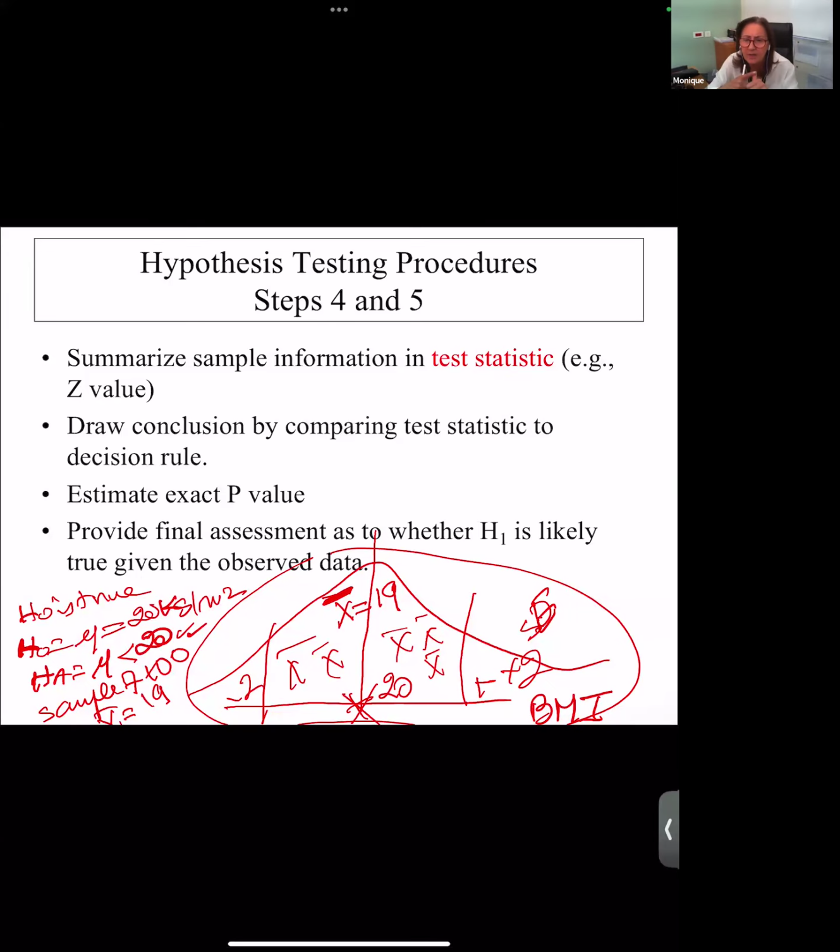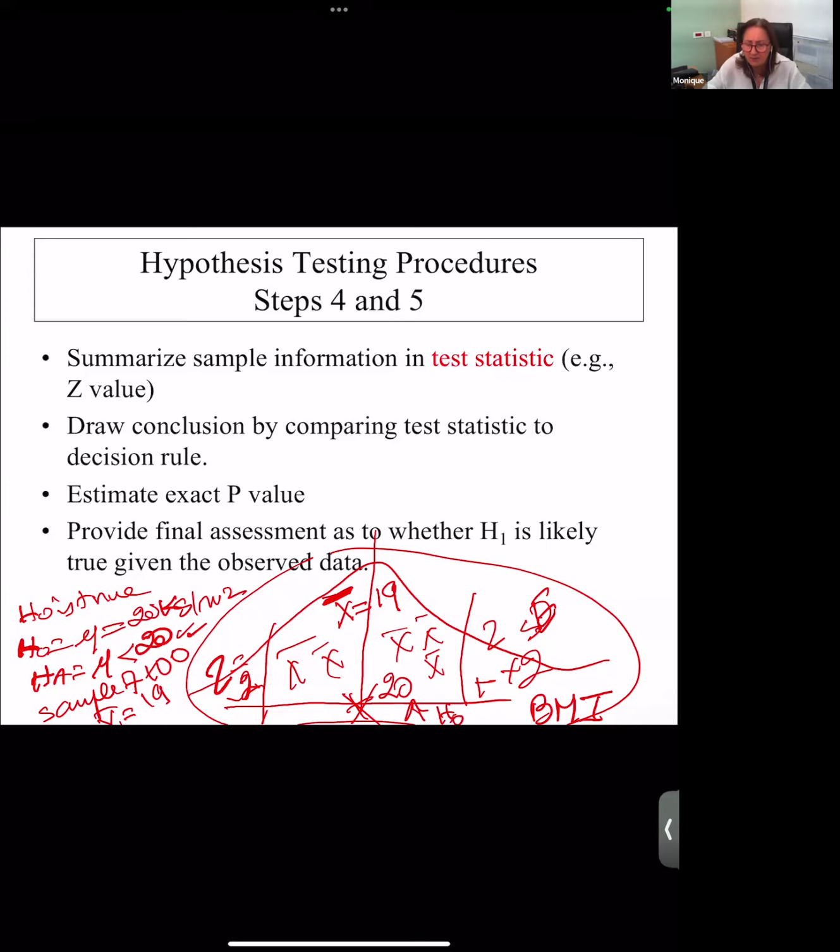So if you get an X bar of 21 or 18.5, as long as it is between 2 standard deviation units, meaning 2 Z, it's similar. It happened that my X bar is 19. However, it's still under a population of mean 20, and therefore H0 is true. When do we start saying no, it's not correct?